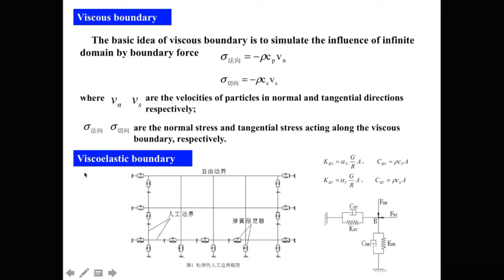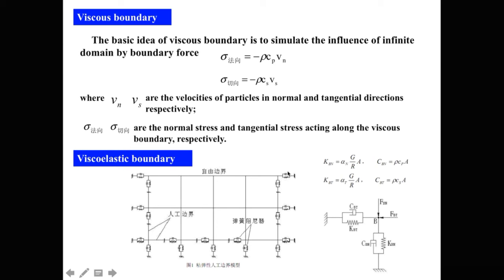The second type is a viscoelastic boundary. Here we use a small figure to describe it. It's a parallel connection of a spring and a viscous element.